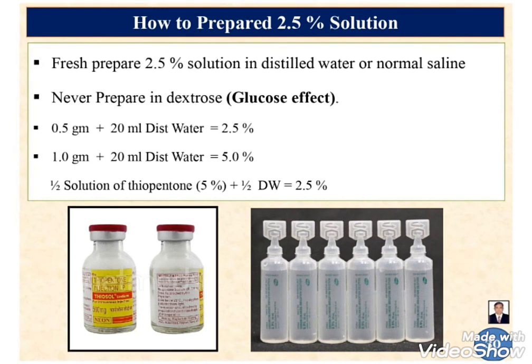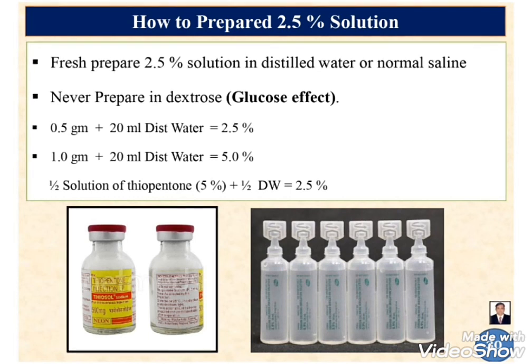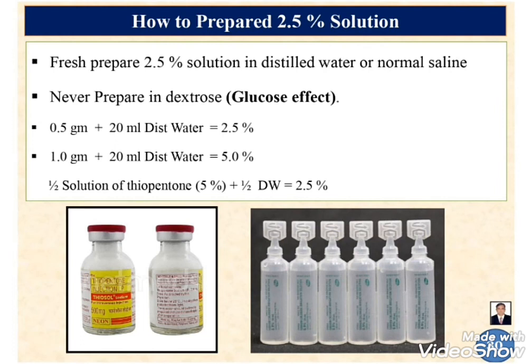Then how do we prepare this 2.5% solution? Two vials, 0.5 gram and 1 gram, are available in the market. Suppose you want to prepare a 2.5% solution from the 0.5 gram vial. What is the meaning of a 2.5% solution? Very simply, it means 25 milligrams of thiopentone in 1 ml of solution.